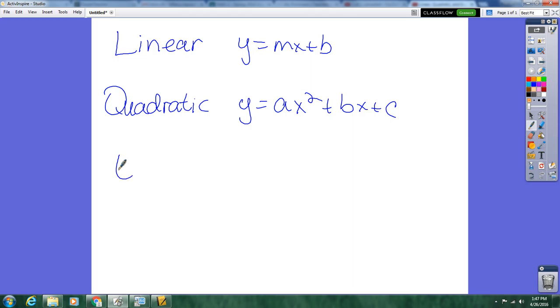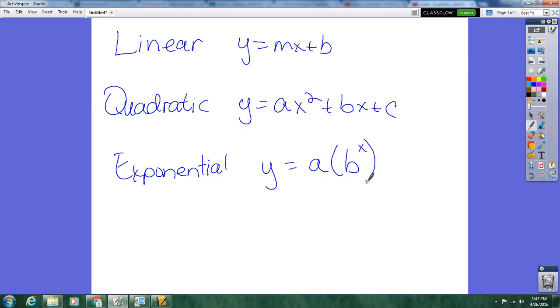And then the exponential, which was the last one we covered, and we looked at it as a times b to the x power. Those are the 3 that we looked at. He used R instead of B, but I just wanted you to make sure you've got that B on there because that's what's going to be on your calculator.